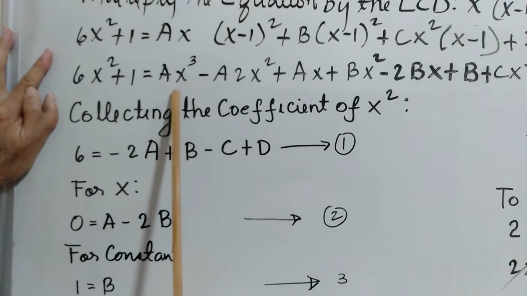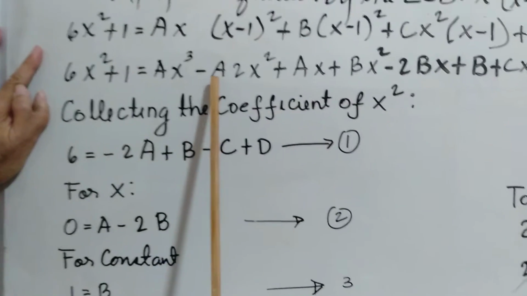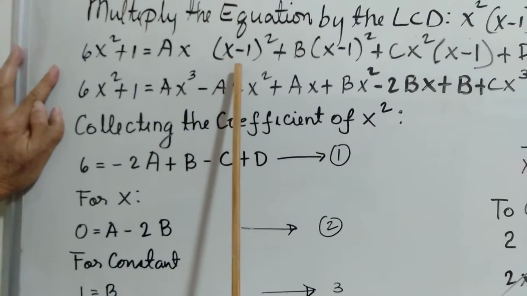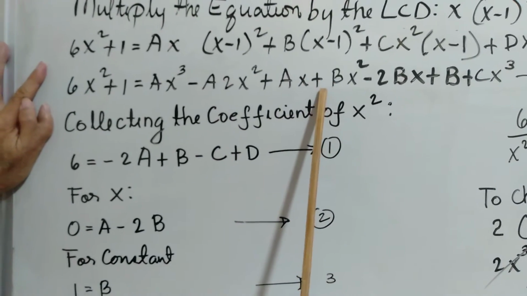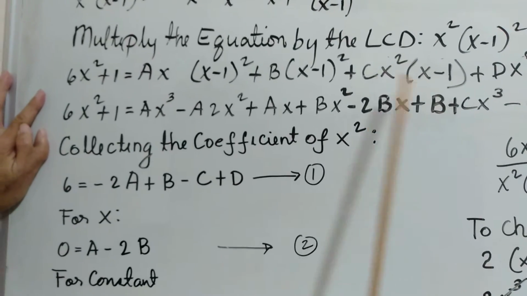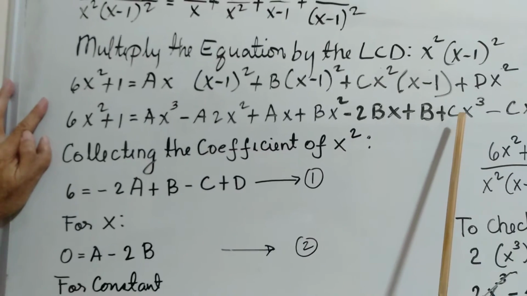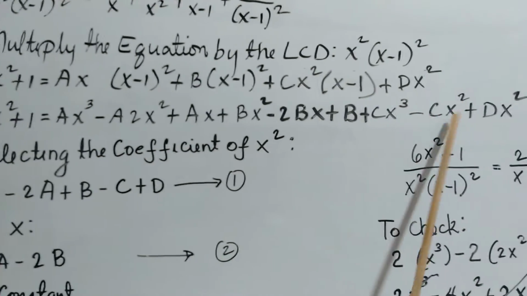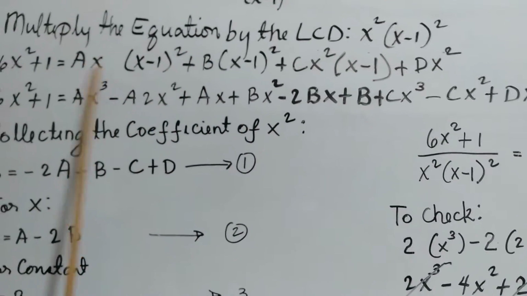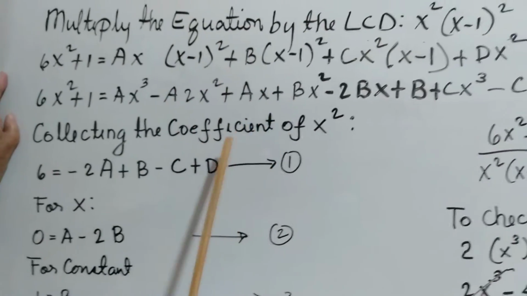This one becomes ax cubed first, minus 2ax squared plus ax, plus bx squared minus 2bx plus b. And this one, when we distribute inside, becomes cx cubed minus cx squared plus dx squared. We just distribute the term outside inside the parentheses.